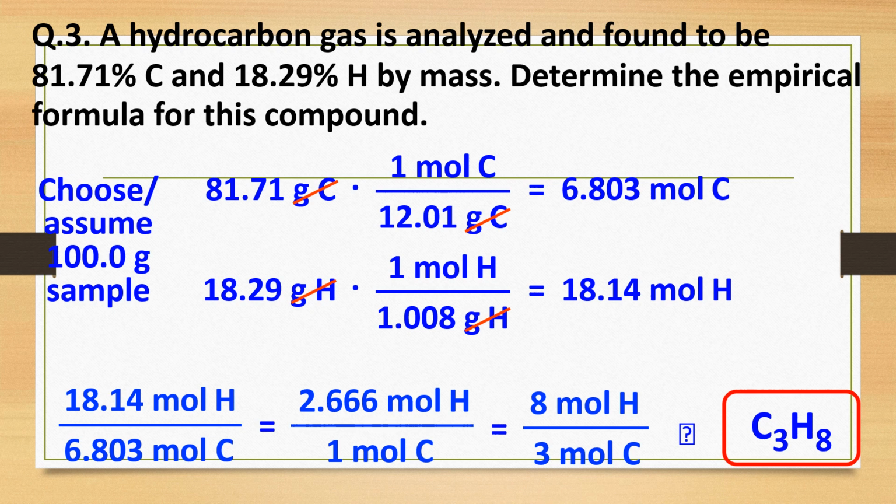Otherwise, it could be in multiples, okay? But remember, it can only be in multiples of integers. So if it's a multiple of 1.5 or 1.3, then that's not correct. All right, so make sure either in your empirical formula or molecular formula, the subscript of that composition must be an integer.